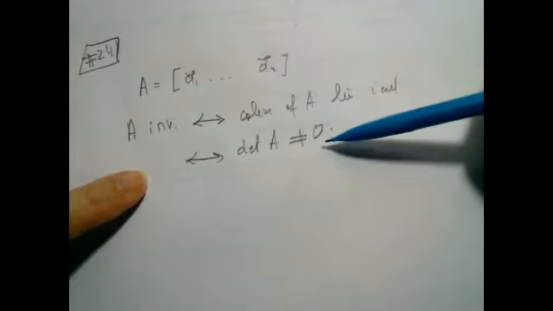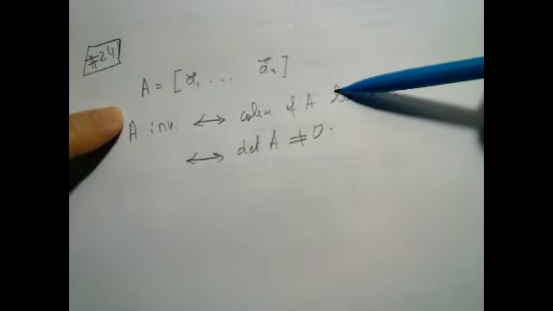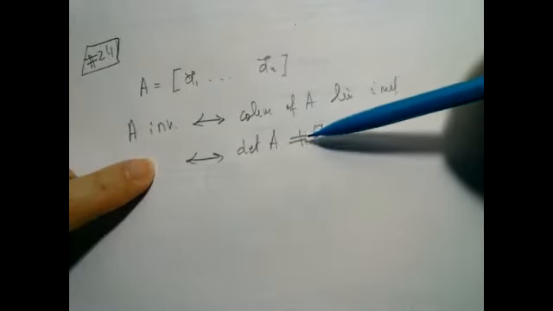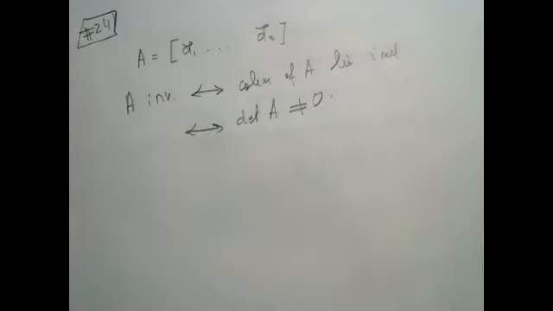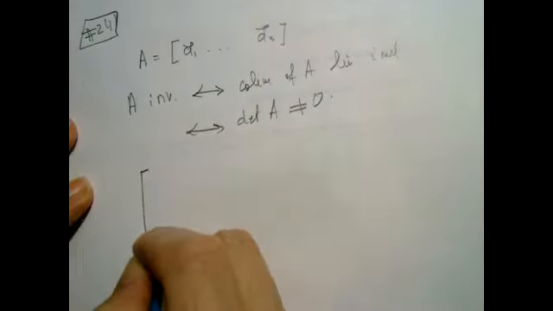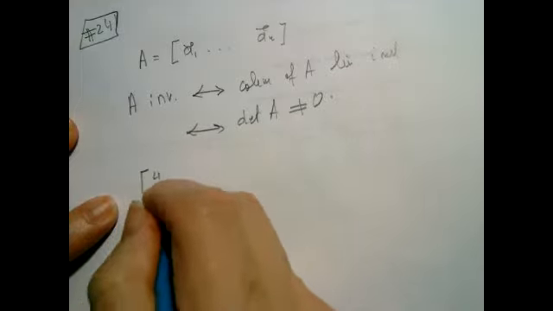So if you have an n by n matrix, if its determinant is not 0, we can immediately conclude that the columns are linearly independent, because a non-zero determinant also gives me invertibility. So number 24 is actually this problem. I have a bunch of vectors: 4, 6, 2.